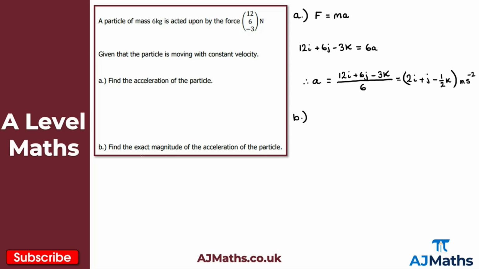Part B then, to find the exact magnitude of the acceleration of the particle, we need to use Pythagoras. It's going to be the square root of 2 squared plus 1 squared, and finally plus minus a half squared. So minus a half squared. If we just evaluate this, we're going to get the square root of 4 plus 1 over 4.